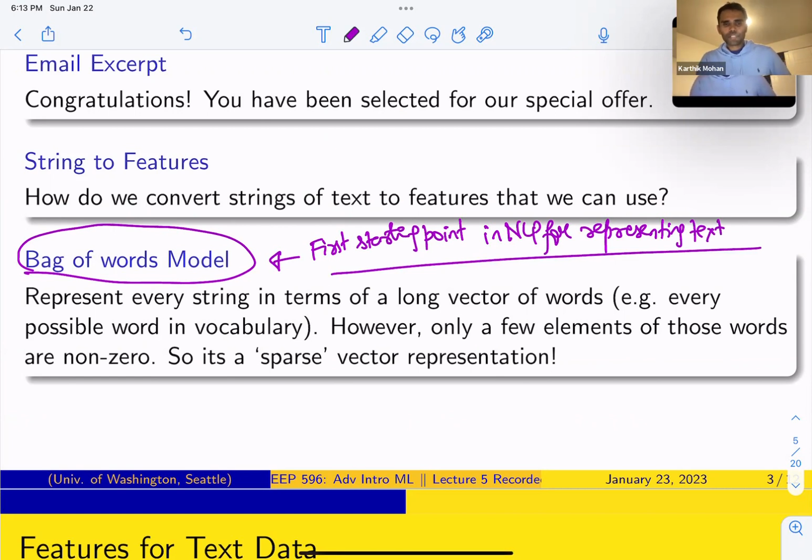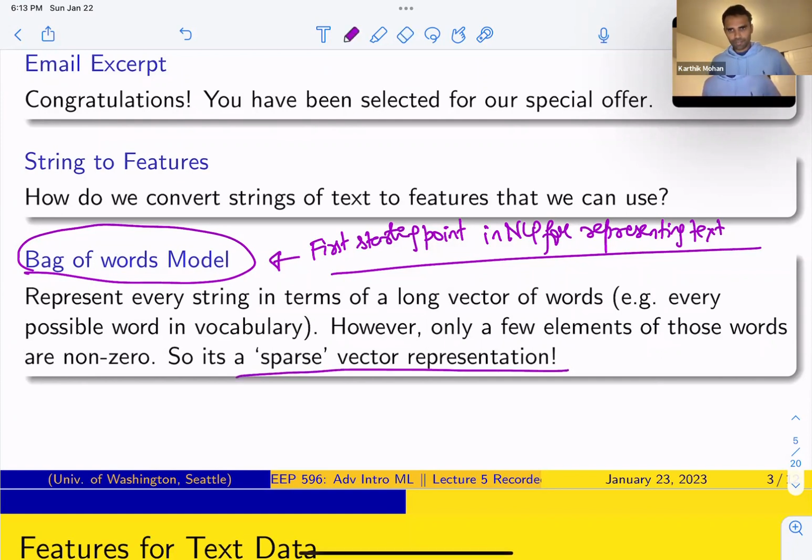A bag-of-words model is a model that can represent a string in terms of a long vector of words within a given vocabulary, so that only a few elements in that vocabulary are active, which is the words pertaining to a sentence. So you can also say it's a sparse vector representation.